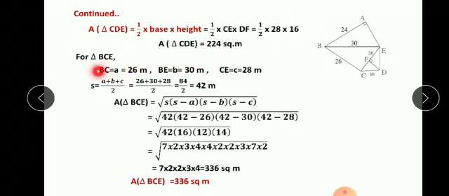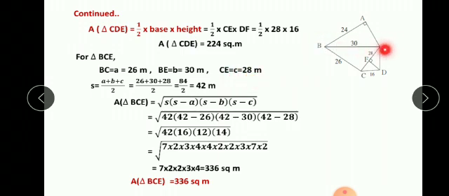Now which triangle is left? Triangle BCE. Let us take BC as a, which is 26 meters, then BE as b, which is 30 meters, and CE as c, which is 28 meters.